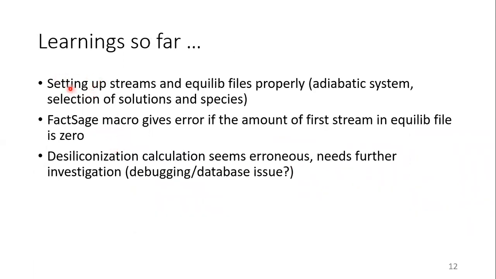So the learning so far is that setting up a stream and equilibrium properly is really important, to make sure that you're selecting an adiabatic system to calculate the correct temperatures, and that you select the right solutions and species. The other thing we learned after many iterations is that the FactSage macro gives an error if the amount of the first stream in the equilibrium file is 0. So you have to set up a stream file in such a way that this number is not 0.